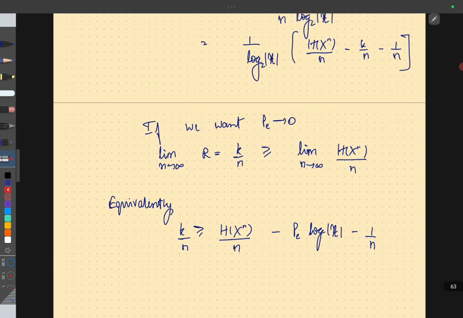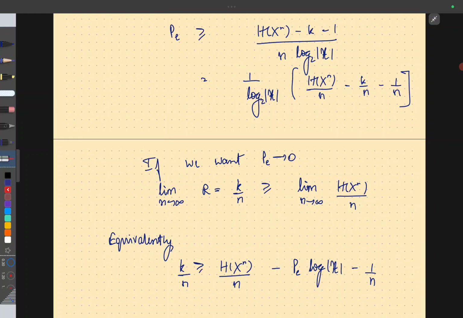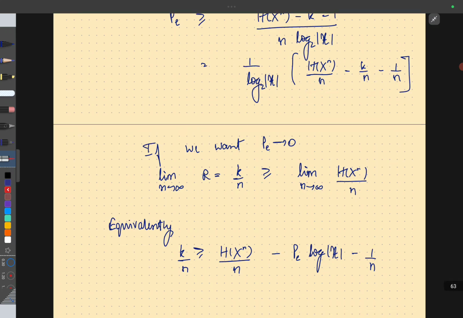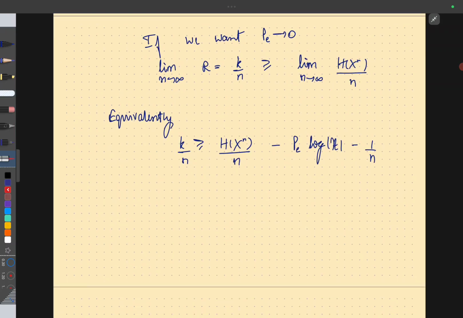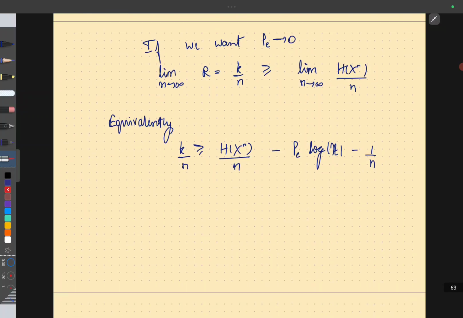Agree. All this says is that if you want the probability of error to go to 0, this quantity, if it's too negative, it's fine. It doesn't give you anything terribly useful. But this quantity can't be very positive if you want the probability of error to be small. So this inequality just says that if you want the probability of error to be minimized, we cannot go below this compression rate.